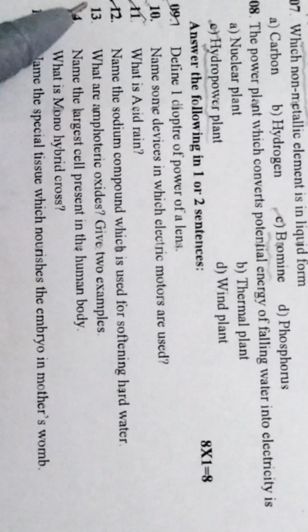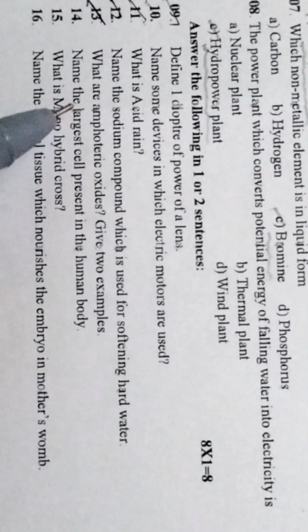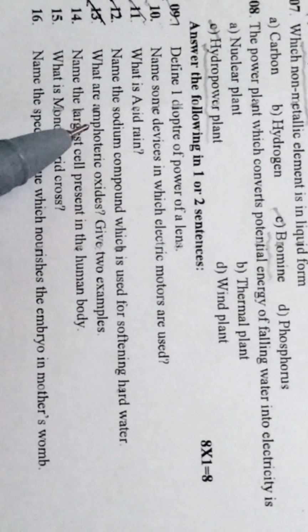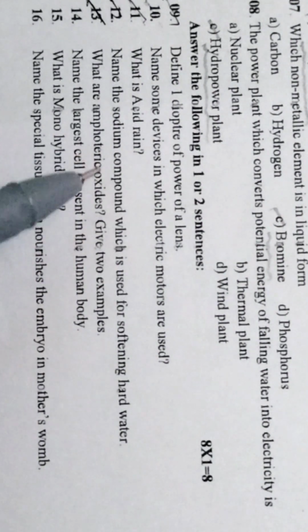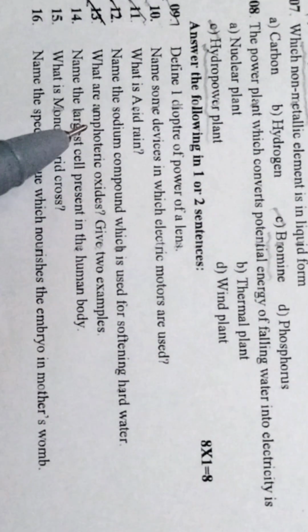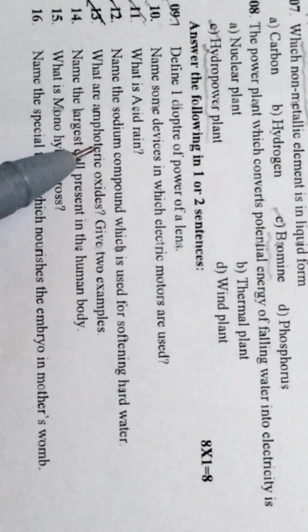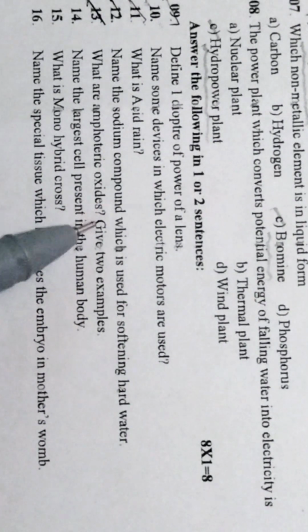Next, what are amphoteric oxides? Give 2 examples. Metallic oxides which react with both acid and base to form salt and water.